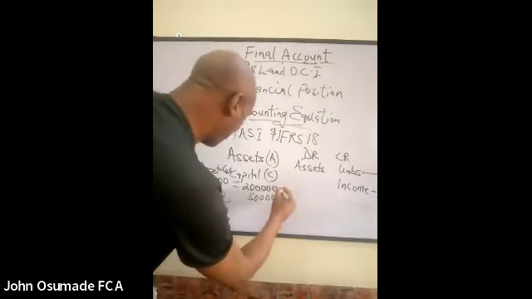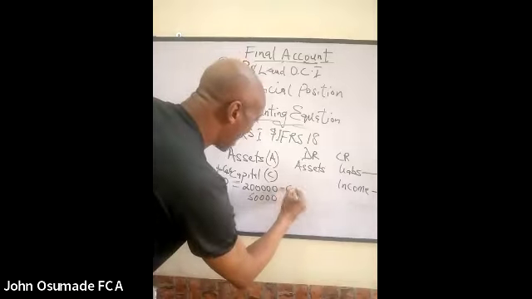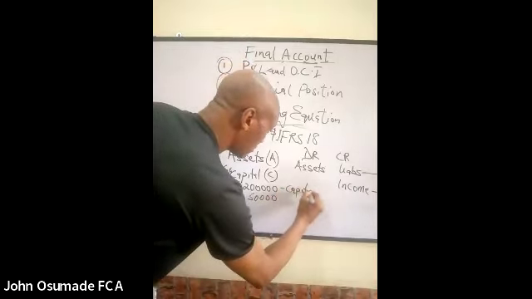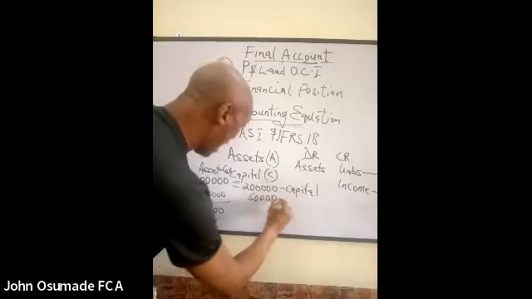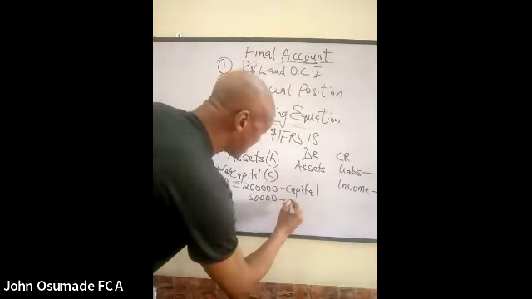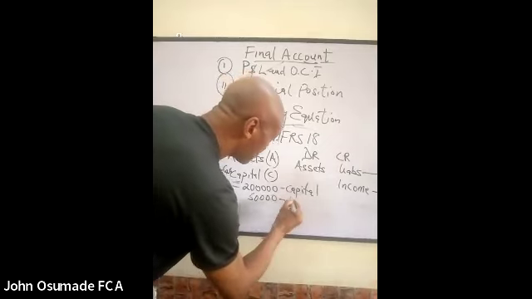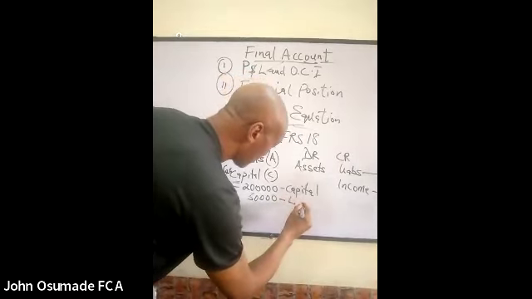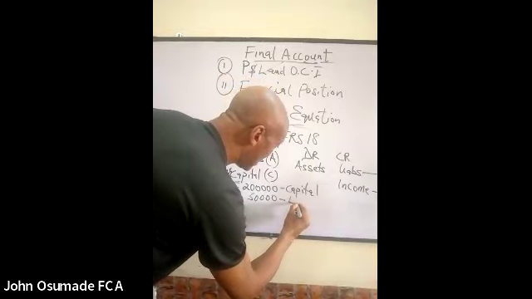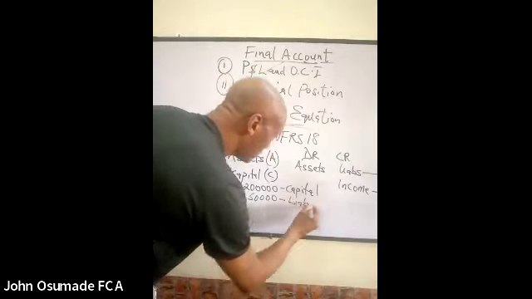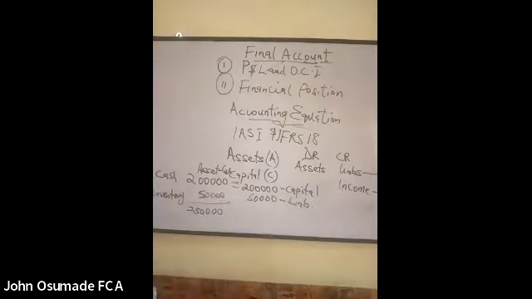Now, this one will be classified as, don't forget, capital. And this one will now be what? Liability, current liability, or let's just say liability. Now, you will discover that all these ones are assets.